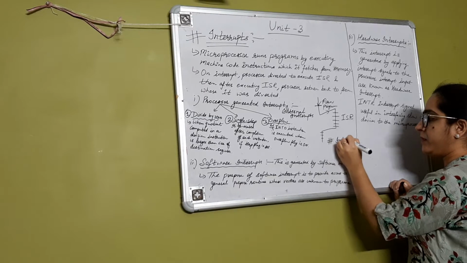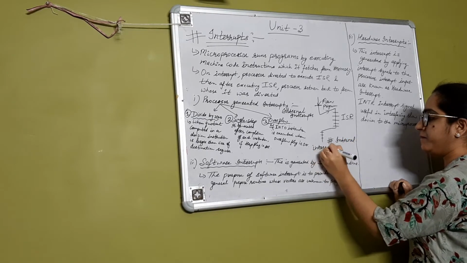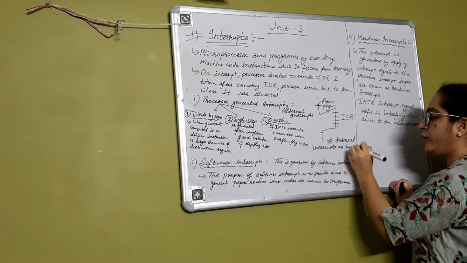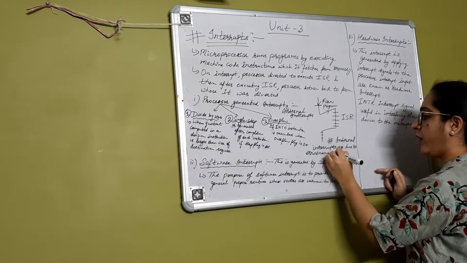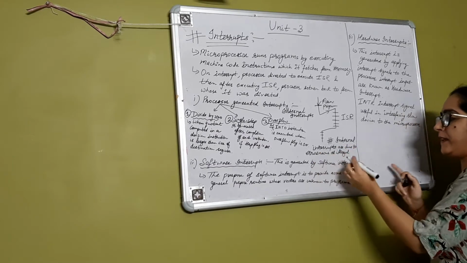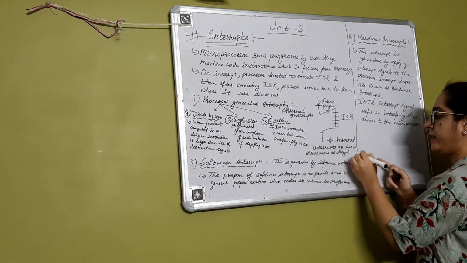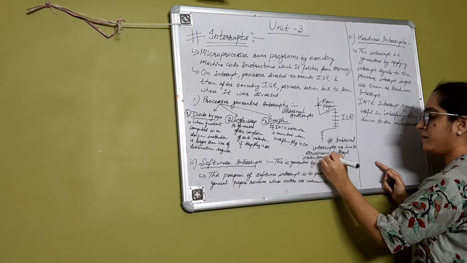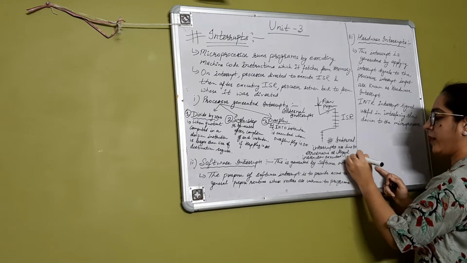So you can write here also: internal interrupts are due to erroneous or illegal function performed or illegal instruction executed in the program.